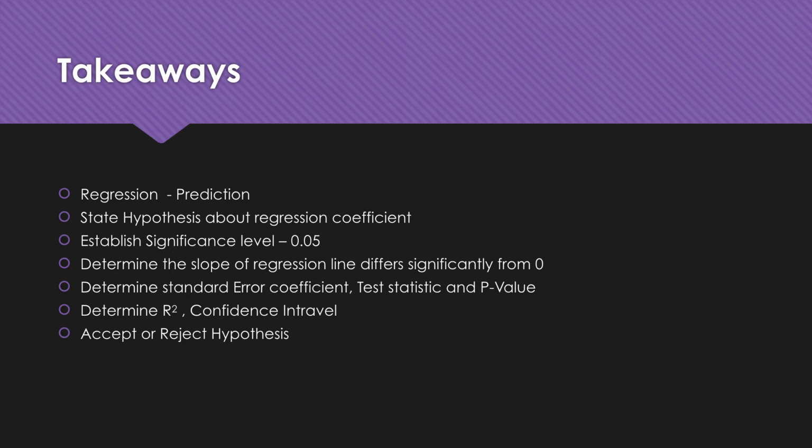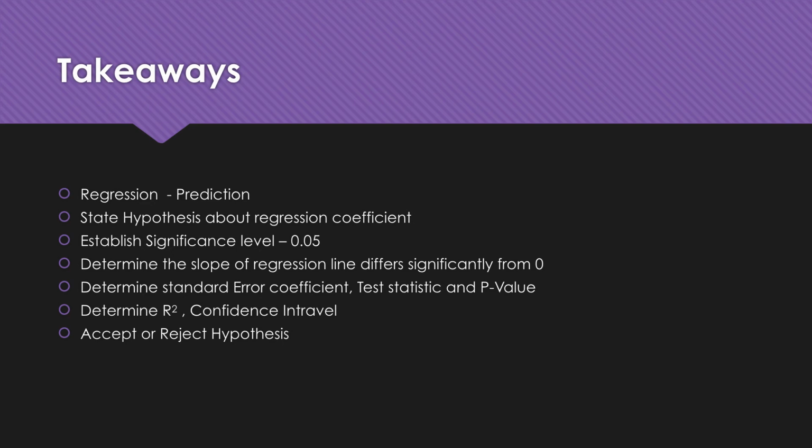So what are the final takeaways? Using regression, we can predict the dependent variable. When we want to do regression, we first state the hypothesis about the regression coefficient, and then establish the significance level. Once we have that, we determine the slope of the regression line and whether it differs significantly from 0.